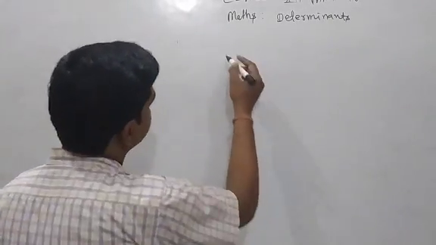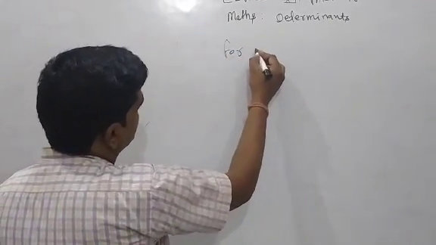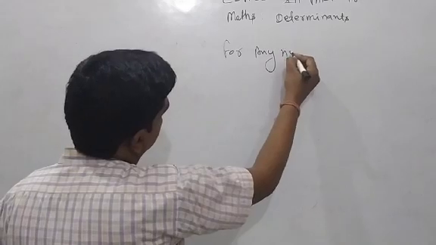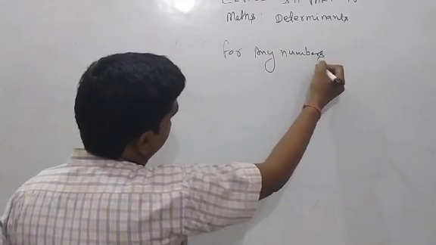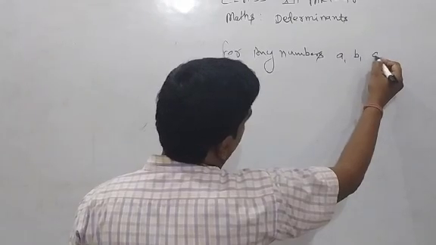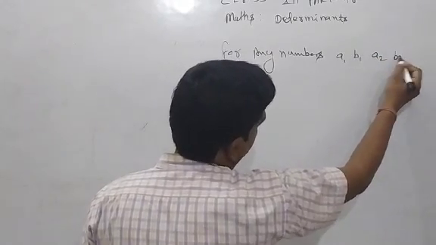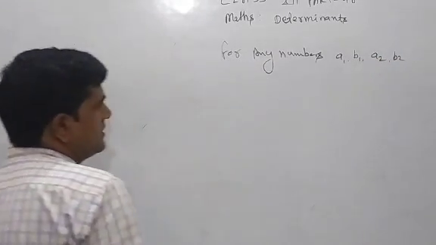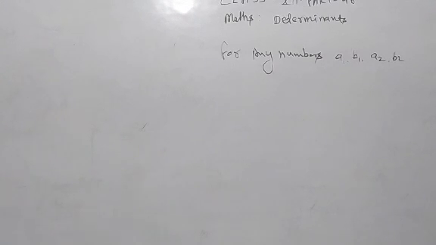Now for any numbers A1, B1, A2 and B2. Clear? What we have to do?